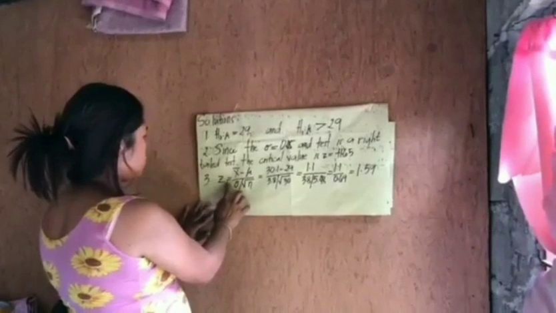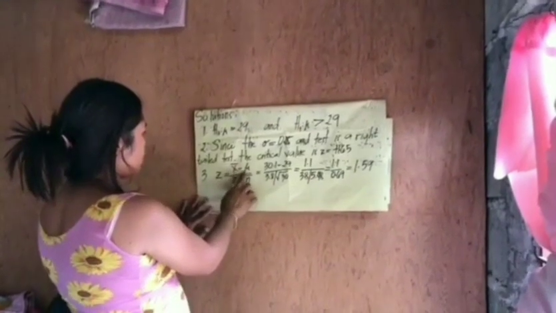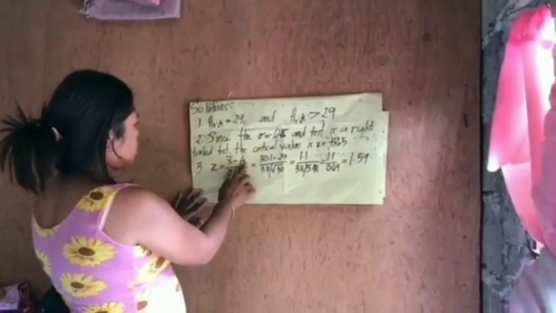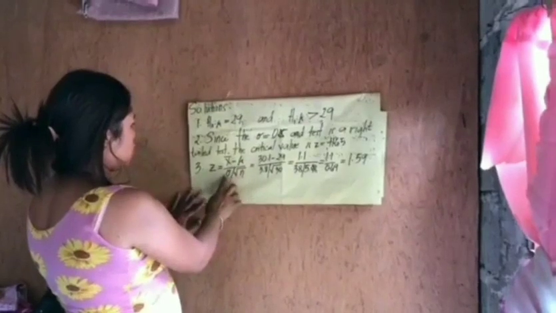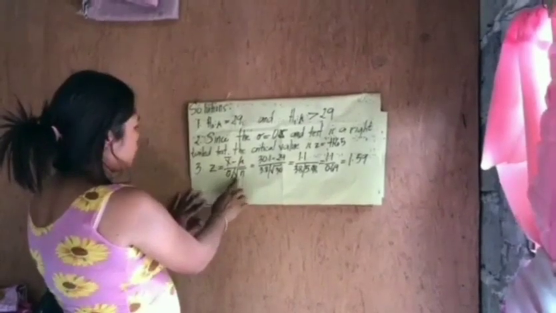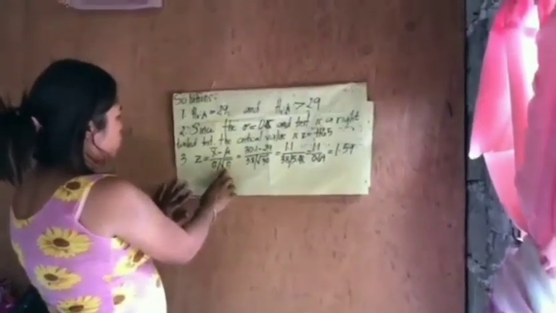So z equals x bar minus the hypothesized population mean over the standard deviation divided by the square root of the sample size.